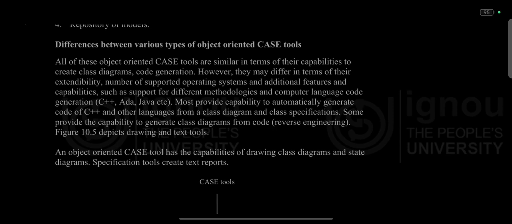However, they may differ in terms of their extendability, number of supported operating systems, and additional features and capabilities such as support for different methodologies and computer language code generation: C++, ADA, Java, etc. Most provide capability to automatically generate code of C++ and other languages from a class diagram and class specifications.